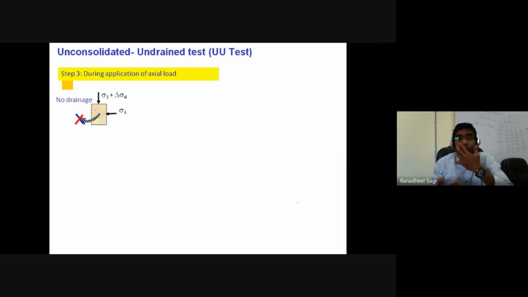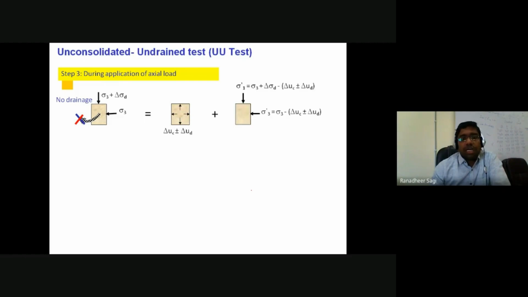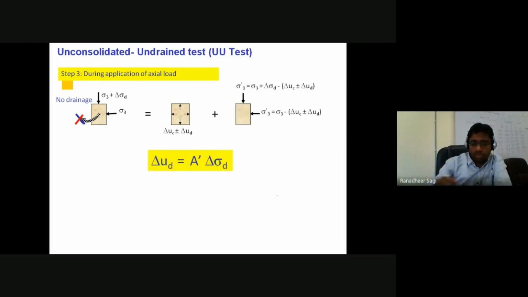So that excess pore water pressure, which is additionally getting developed because of the applied deviatoric stress, is what we can calculate in terms of another parameter. So that increase in pore water pressure, delta UD, because of your applied deviatoric stress.